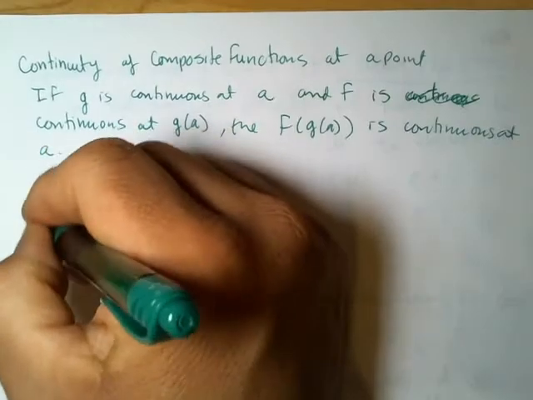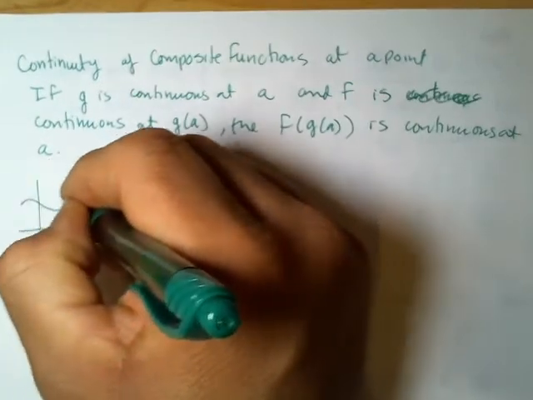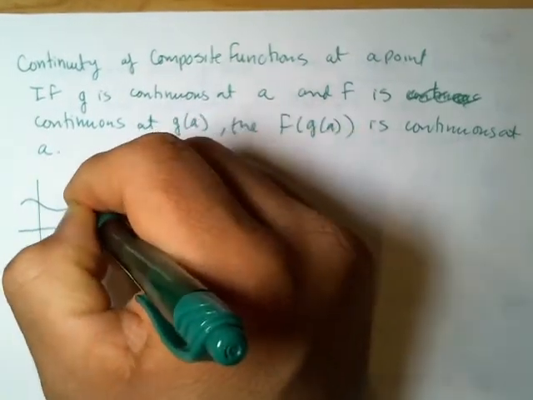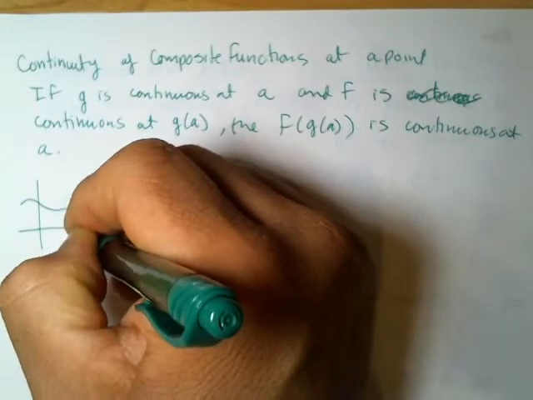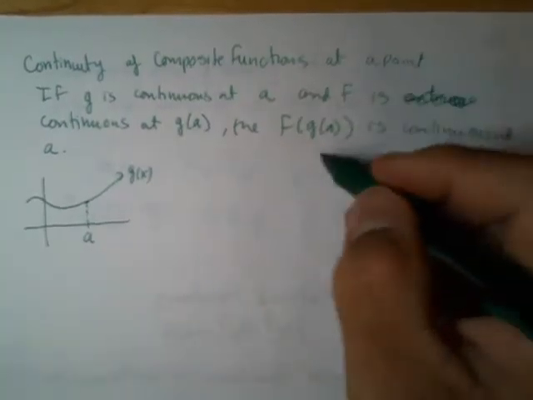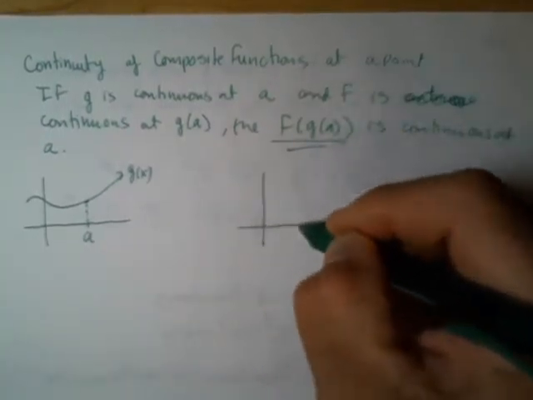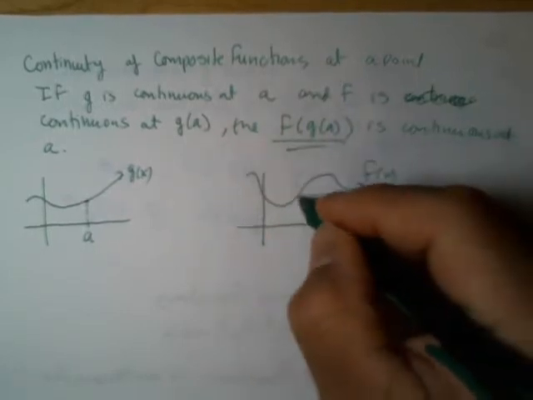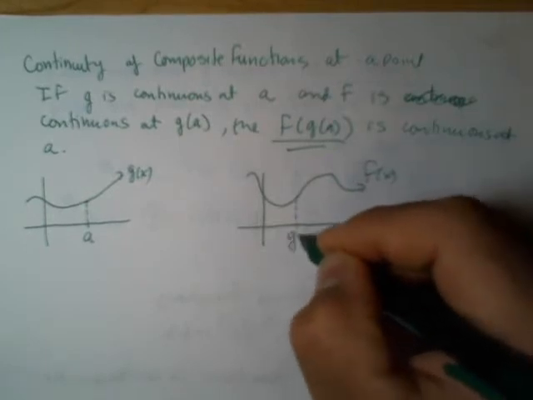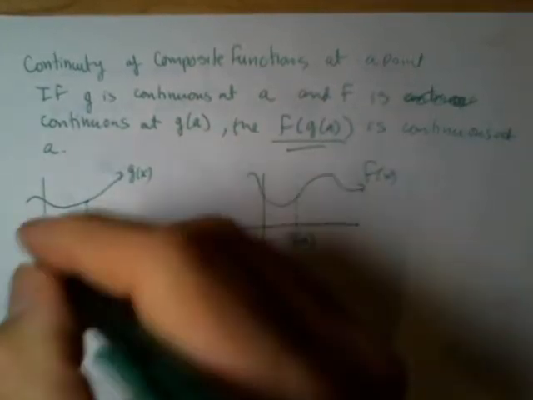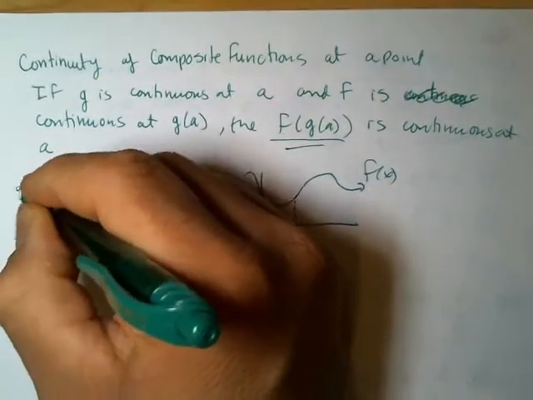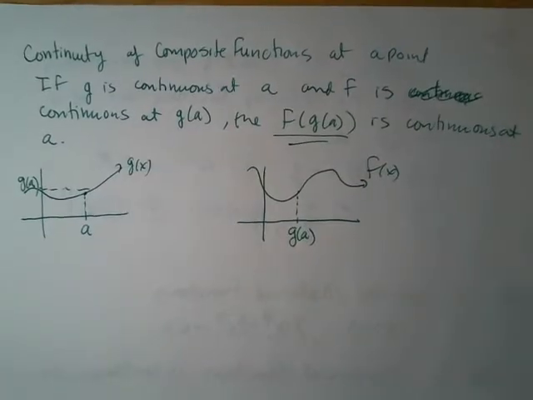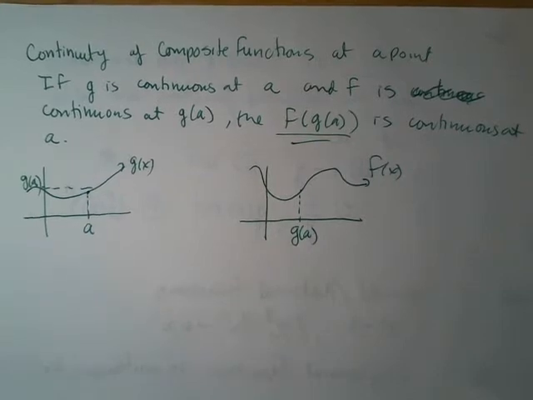So if we have our function, let's say this is g of x, and if that is continuous at a, satisfies the three conditions here, then what we have to make sure of is that f of x is continuous not at a, but at g of a, whatever this value happens to be. Okay, and if that's true, then the composite f of g of a is continuous at that point.